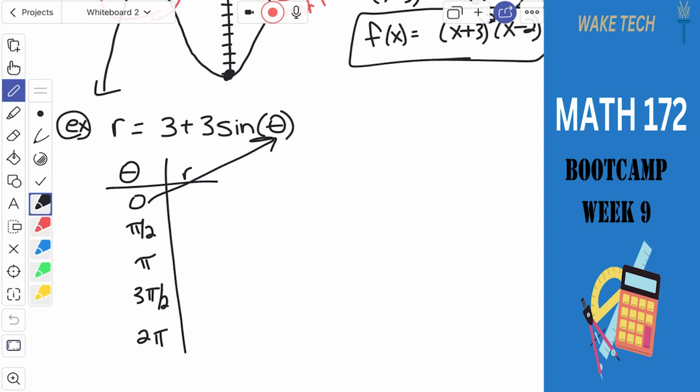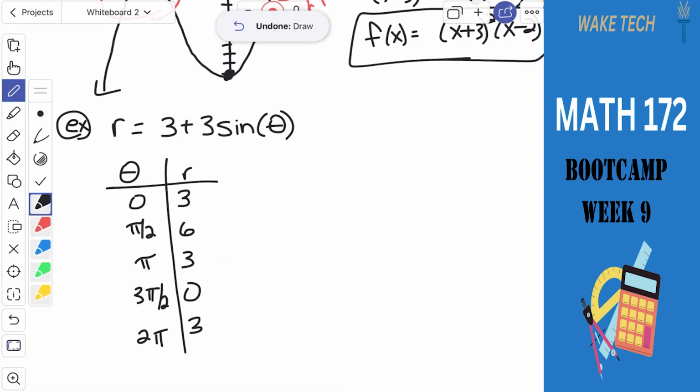So 3 plus 3 sine 0 is 3. 3 plus 3 times the sine at pi over 2, that's 6. 3 plus 3 times the sine at pi, that's 3 again. 3 plus 3 times sine at 3 pi over 2, that's 0.